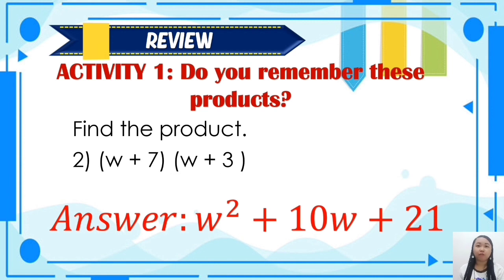Just use the FOIL method. In this case, the first terms are w and w. So w multiplied by w is w squared. W times 3 is 3w. 7 times w is 7w. And the last term, 7 times 3 is 21. Combine like terms, 3w plus 7w will give us 10w.